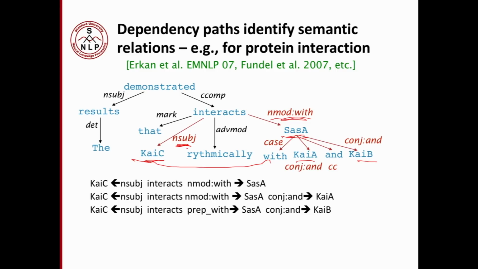Oops, I actually misedited this, sorry. This should also be nmod with. We can think of these two things as patterns in dependencies that we could look for to find examples of protein-protein interactions that appear in biomedical text. Okay, so that's the general idea of what we want to do.